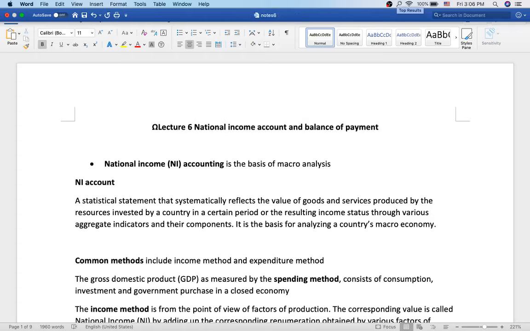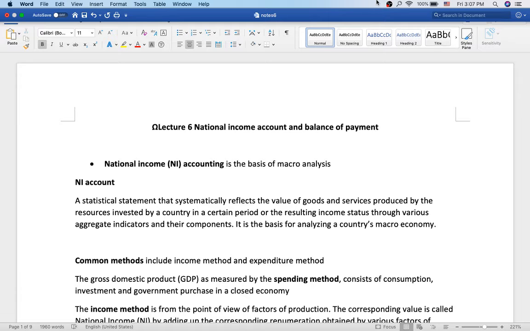We just start now. So today we will start a new topic, that is national income and the balance of payments. That is also an important component of this international economics.